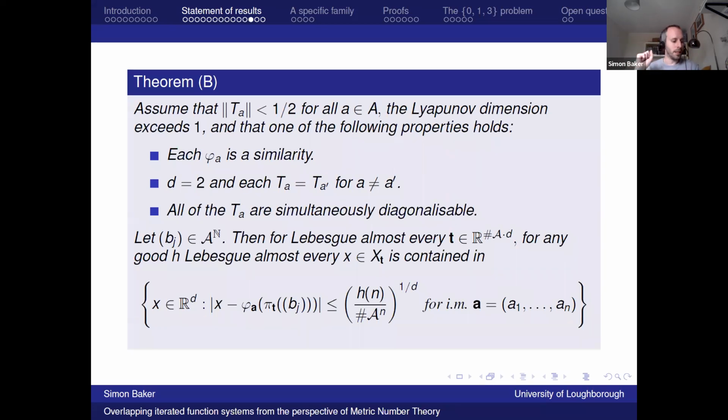So your matrices would just be some orthogonal matrix multiplied by some constant lambda. Or if you're in d equals 2 and all your maps coincide, or your T_i are simultaneously diagonalizable, and so on. If you have any of these assumptions, then you can step from positive Lebesgue measure to almost every point in X_t being contained in this limsup set.